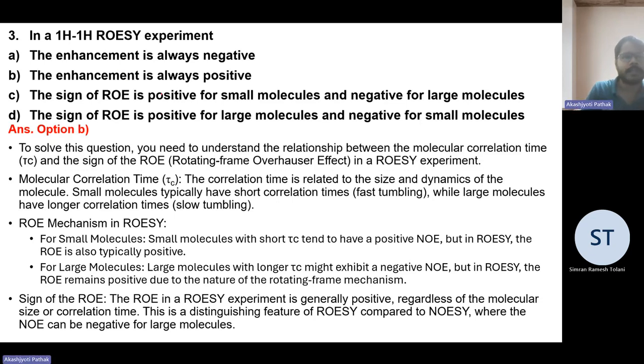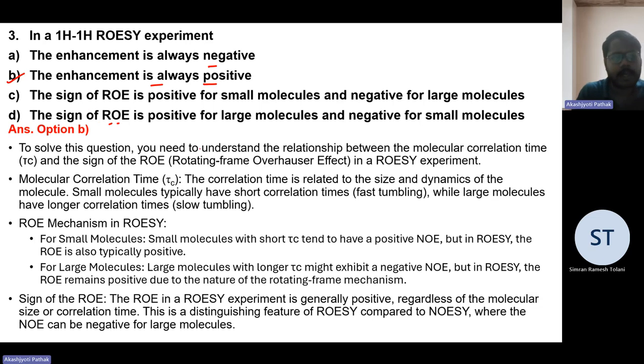The enhancement is always negative; the enhancement is always positive; the sign of ROE is positive for small molecules and negative for large molecules; or the sign of ROE is positive for large molecules and negative for small molecules. The answer here is B: the enhancement is always positive.